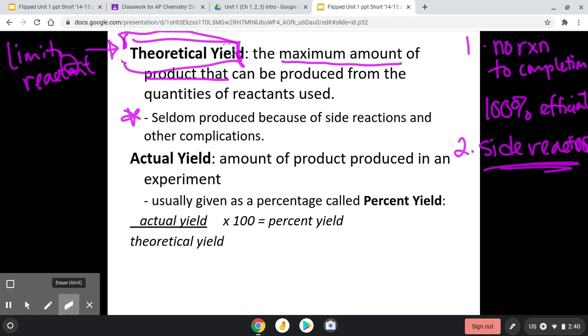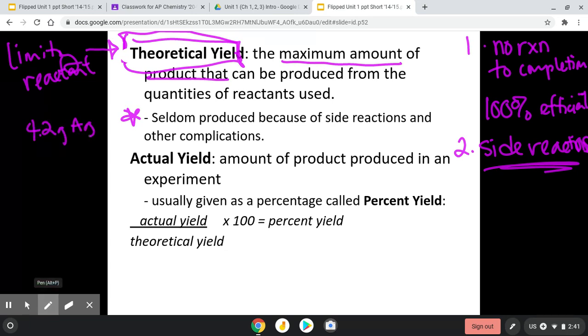Actual yield. So an actual yield is what you do actually make and collect after the side reactions, after you hit equilibrium. So let's say our theoretical yield of silver, I don't remember what it is off the top of my head, but let's say it's like 4.2 grams.